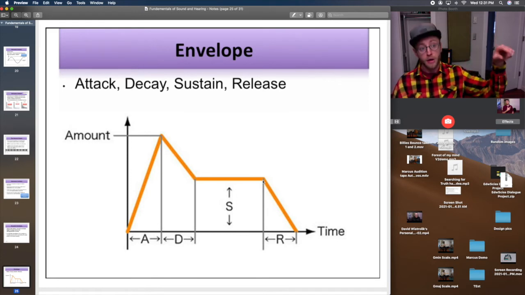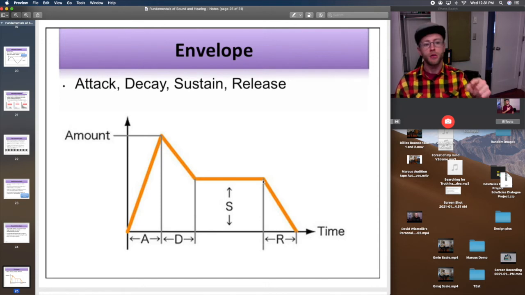And you're going to see the attack and the decay and the sustain and release in a variety of those shapes. But one way of remembering this is ADSR. It's a mnemonic: the order is attack, decay, sustain, release, ADSR.